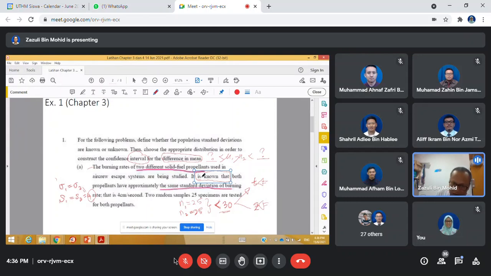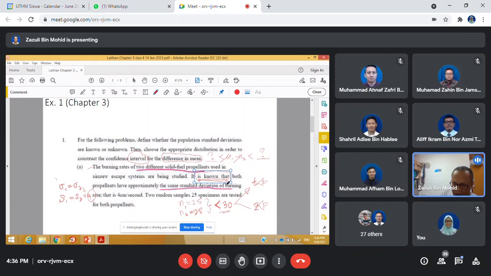It is known that, and bila kita guna ni, when we use perkataan it is known that, it doesn't refer to the test conducted after that. It refer to the basic original data or original results before we have the study.